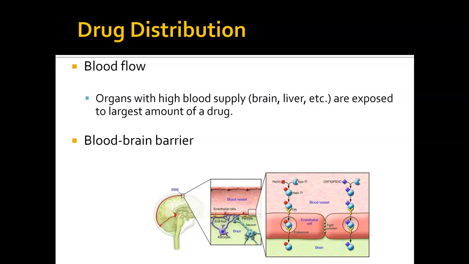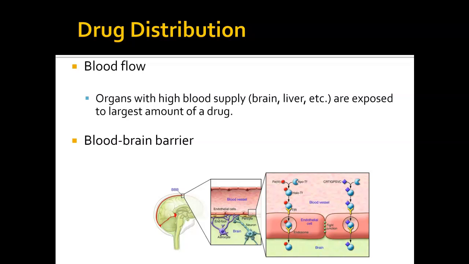Once we get the drugs into the blood flow, then the drug itself is looking for wherever it's headed, whatever receptor, whatever site of action, where it's going to exert its pharmacological effect. You can see the first one is obvious: the areas with the most blood flow are going to get more of that drug exposure.